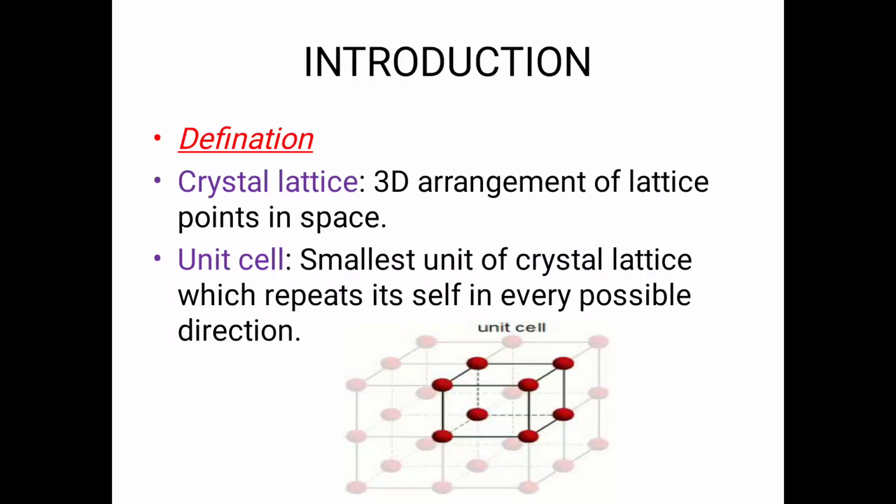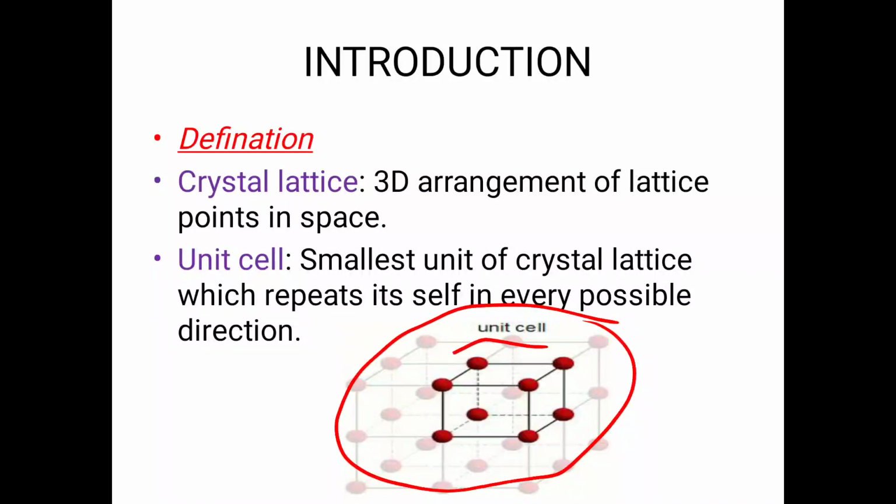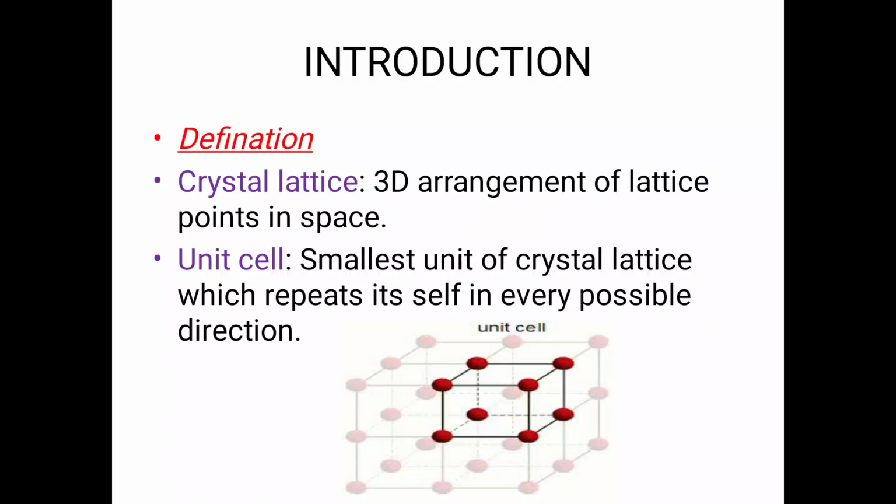So this entire unit is your crystal lattice and your unit cell is this small portion which is repeating itself in every possible direction. Here is one unit cell, here you see another unit cell, like one small cube over here is a unit cell. Combining all those unit cells, what you get is a crystal lattice, which is three-dimensional.